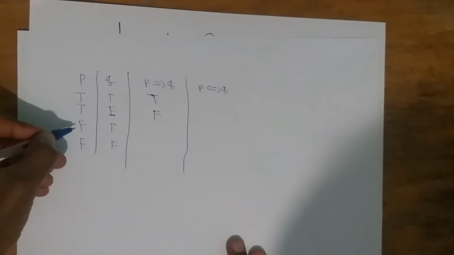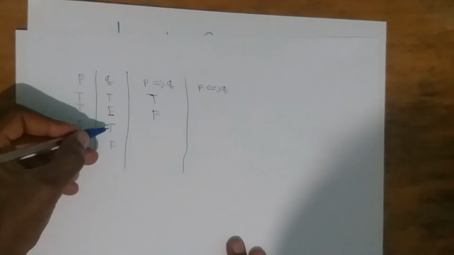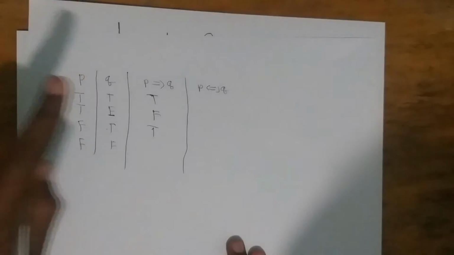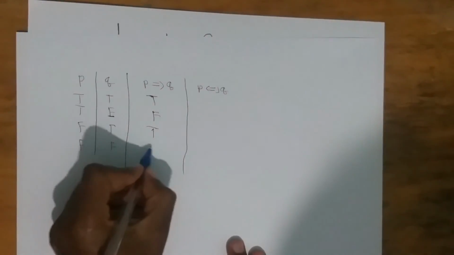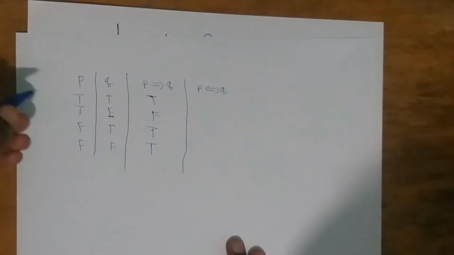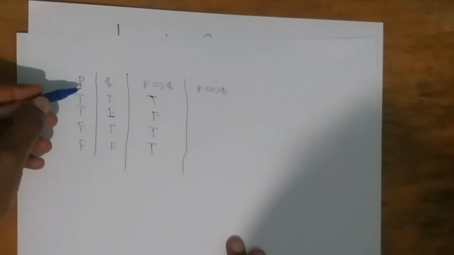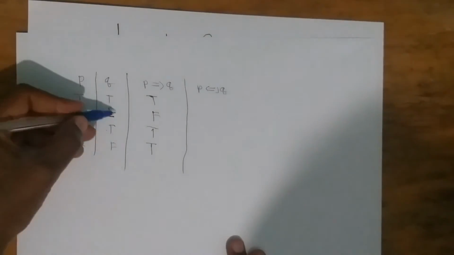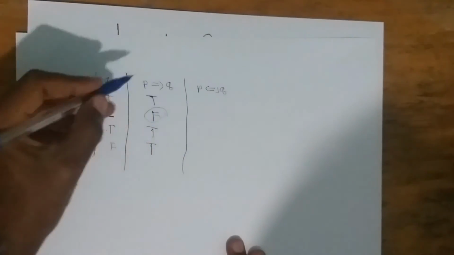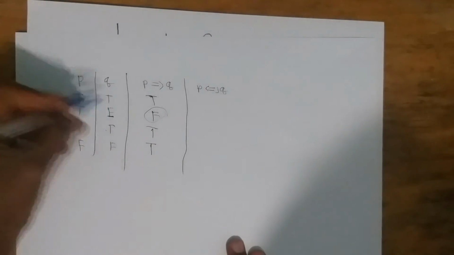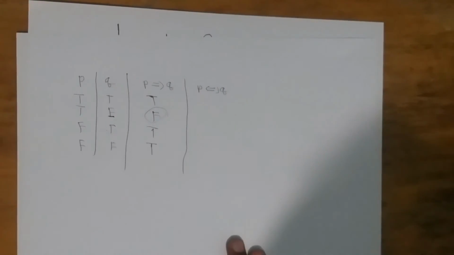If there is a false value here and a true value here, it's gonna be true. And if both are false, we will say it's true again. If there is a true value in both of them, true, true, false, false. There is only one false, in which the one is true and the other is false for the implies one.